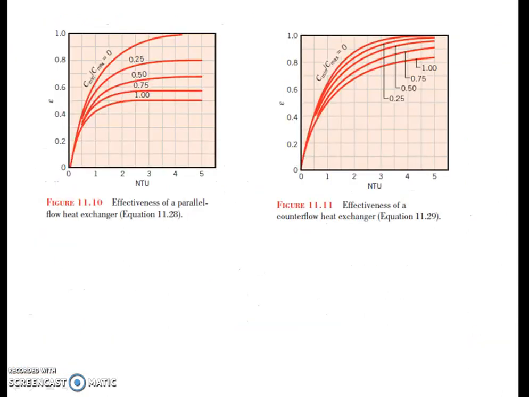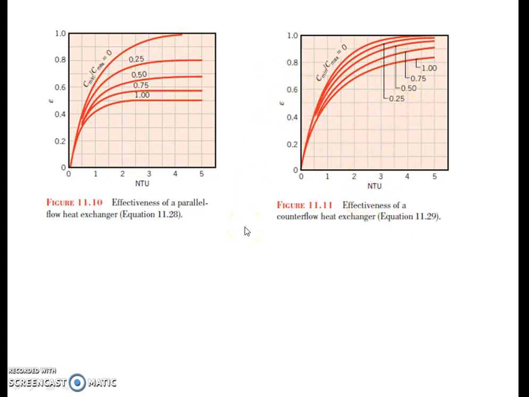Also, we have charts that can replace the formulas from the two tables we just explained. These charts relate effectiveness, NTU, and the capacity ratio. Each one has a different arrangement of the capacity ratio that changes the numbers for the NTU and the effectiveness.